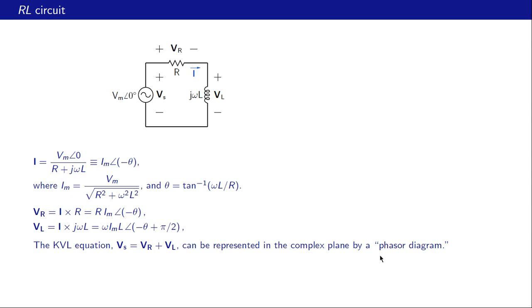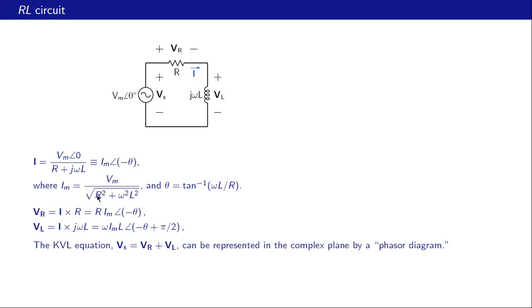And to do that, we require Vs, which is Vm angle 0, and Vr, Vl. Let us look at Vr first. What is Vr? Vr is I times the impedance of the resistor, which is R. So that is R times Im angle minus theta, because our I is Im angle minus theta.